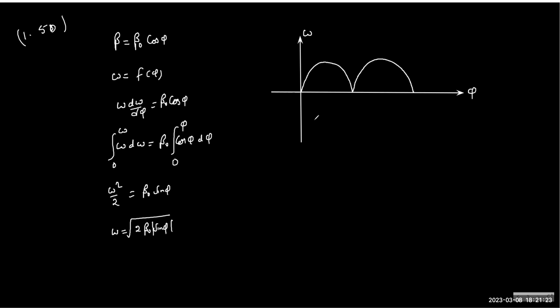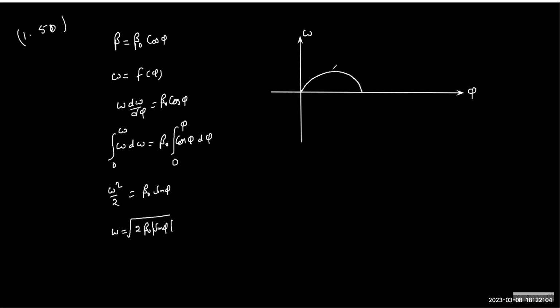Is 2 beta plus minus. Okay. It will repeat the same from 0 to pi. Oh, no. So this will become omega.